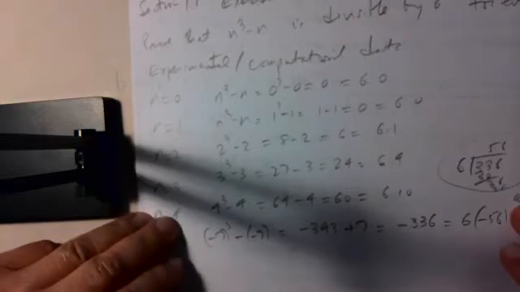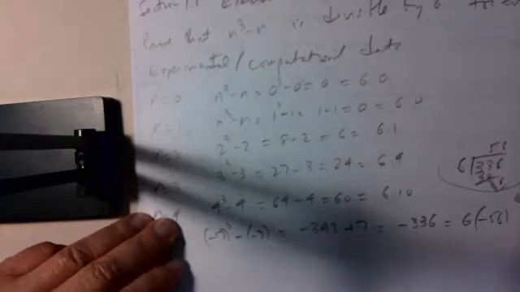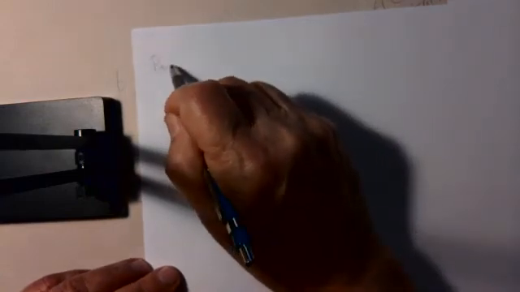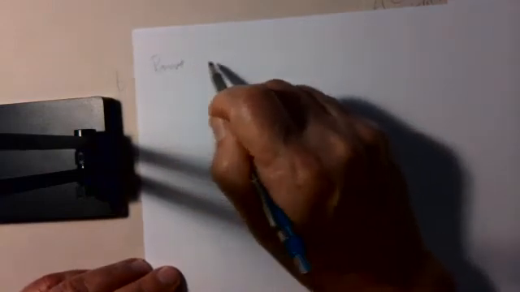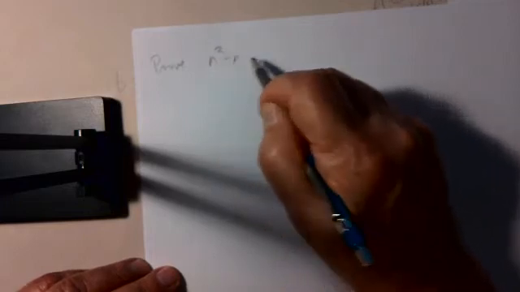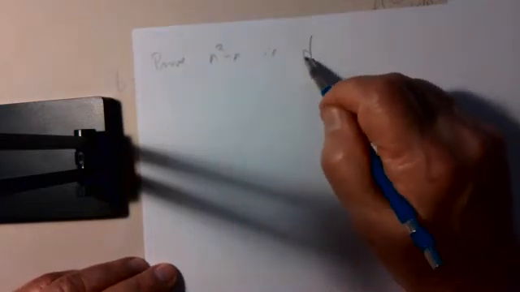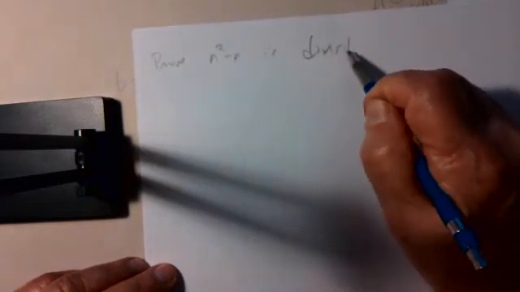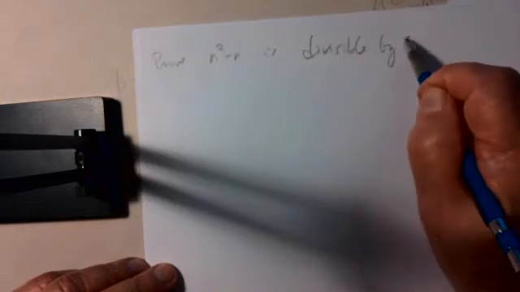I mean, it's enough to prove it for positive numbers, but we still have to prove it for positive numbers. So let's try and do it. So we still have the problem, prove n cubed minus n is divisible by 6.